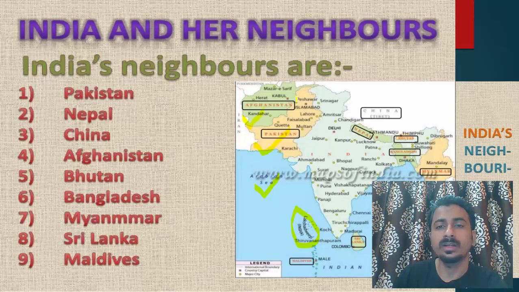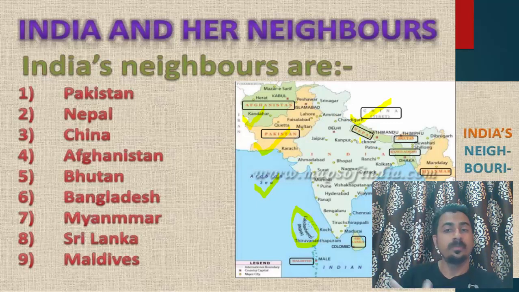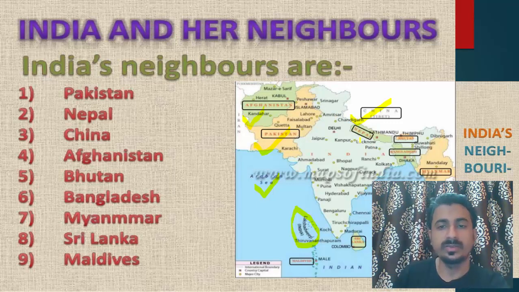Then Afghanistan, it is our good neighbor. Then China, again, rogue neighbor. We don't have very good political relations with them, boundary relations with them. Economically, our relations are good. Then Nepal, Bangladesh, Bhutan, Myanmar, Sri Lanka, and Maldives. All these countries we have a good relation with them. Okay.